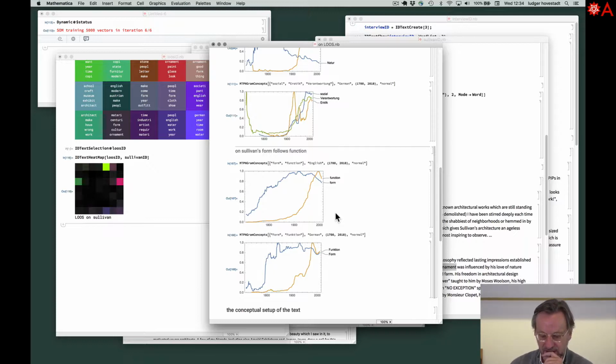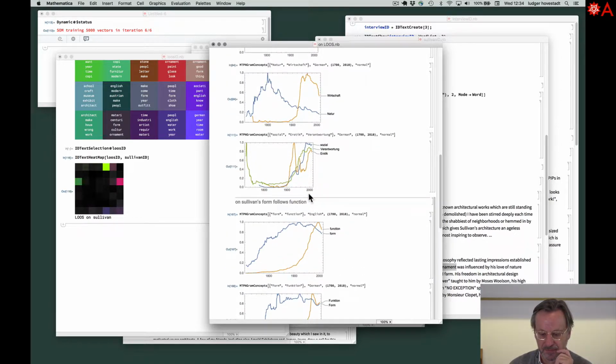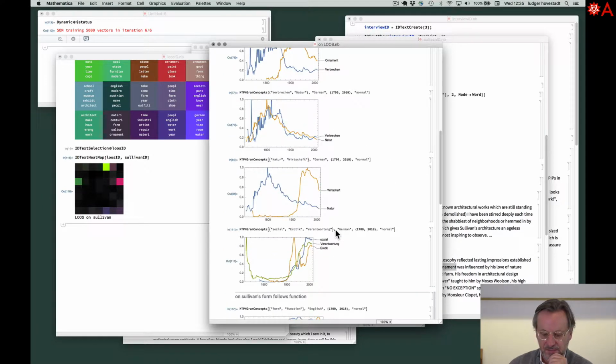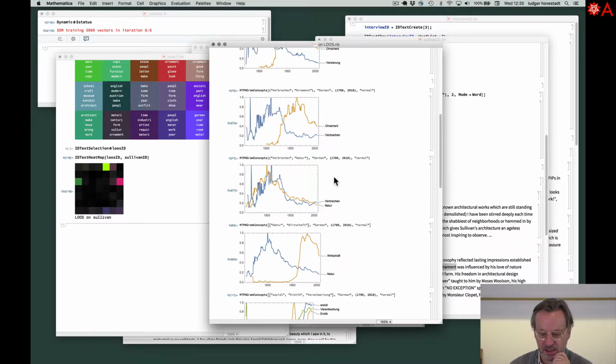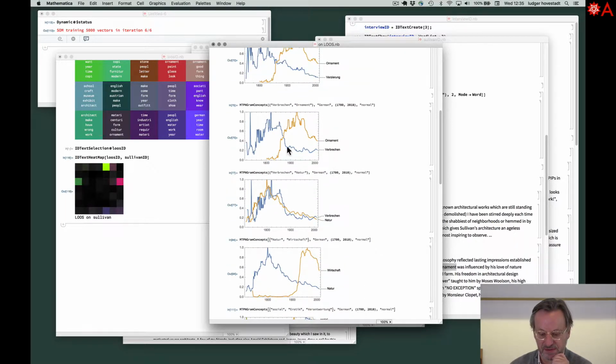Therefore, we see that what Sullivan is talking about when assigning this function, it coexists with the responsibility, with erotics, and with economy with Loos, and therefore it somehow correlates with what Loos calls ornament.